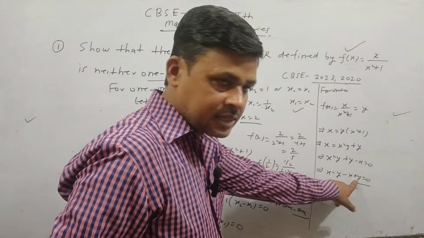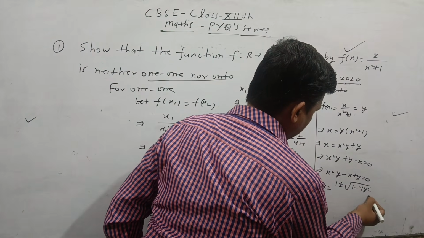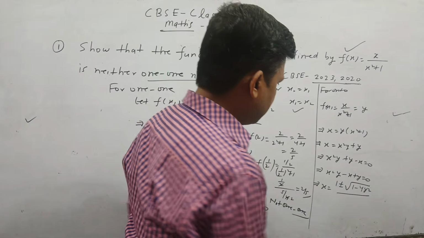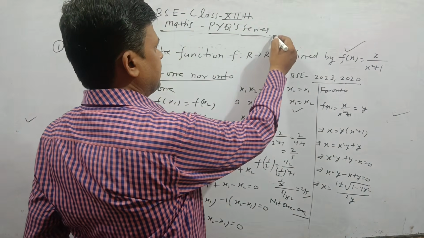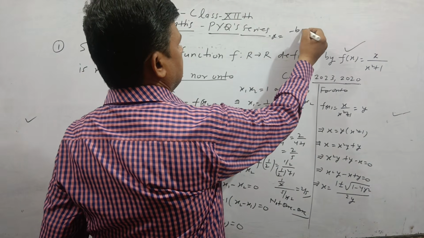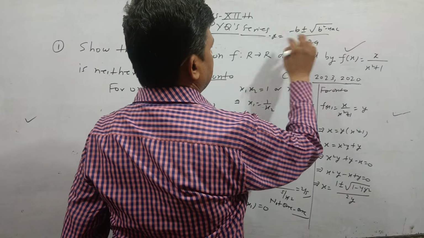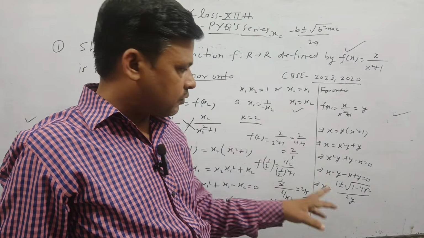And what is c? c is also y. So 4ac is 4y square, giving 1 minus 4y square, upon 2a. What is 2a? It will be 2y. It is the Sridharacharya method for evaluating the roots of this.